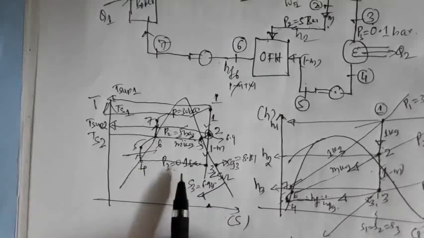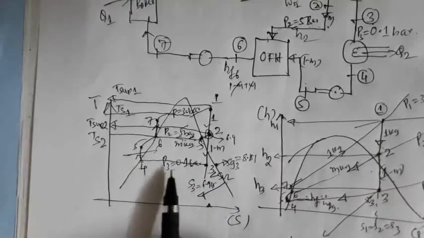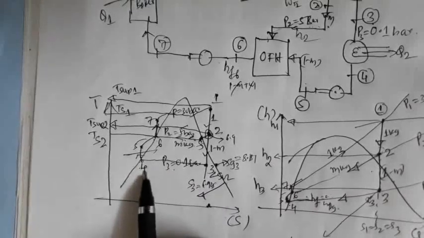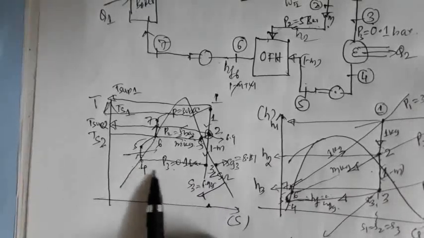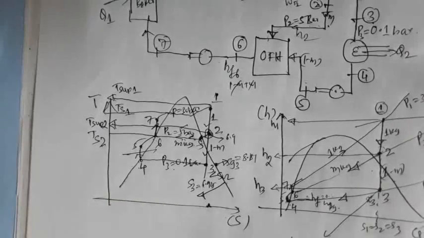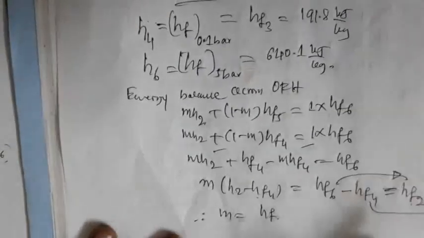We have seen from the steam table at 0.1 bar the HF value we have read, so it would remain the same. So hence after replacing that, the mass of the steam bled is HF2 minus HF3 divided by H2 minus HF3.